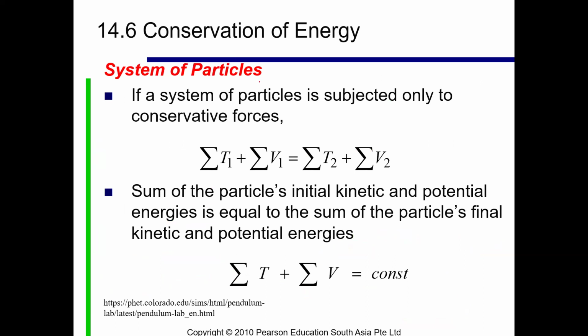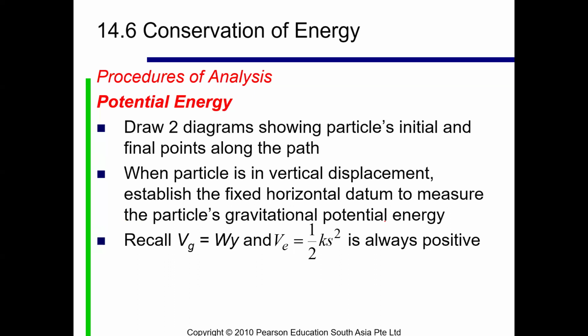If it is true for one particle, it's true for a system of particles as well. Generally, we know that the summation of this at any state is a constant value. T or V values can fluctuate, but the total will remain constant. So these are some of the same principles.